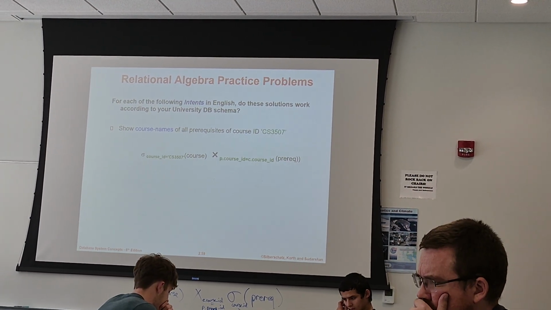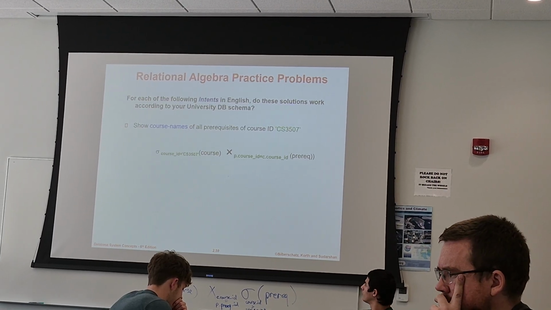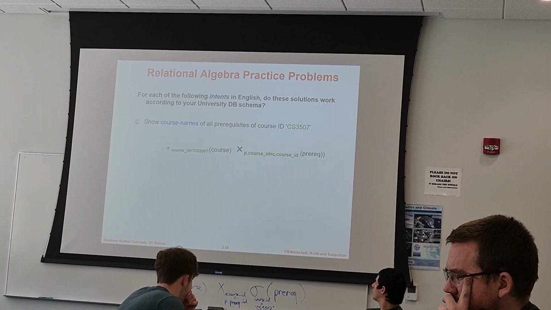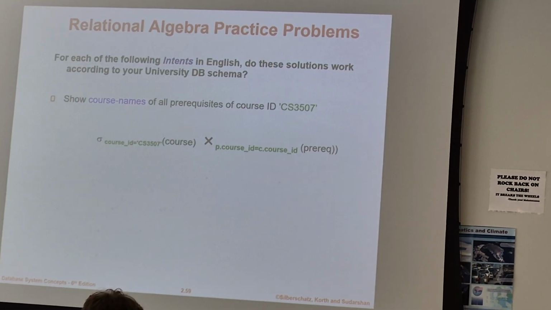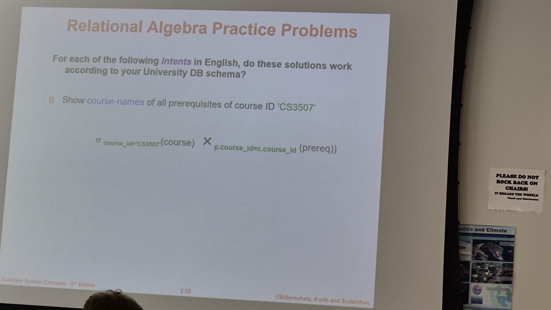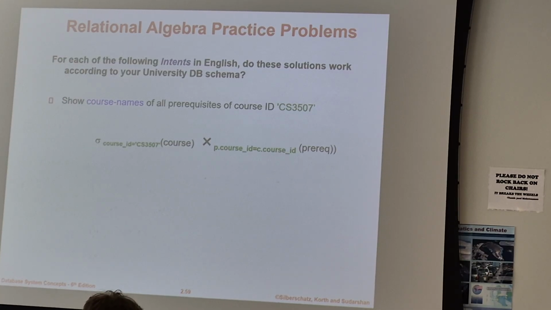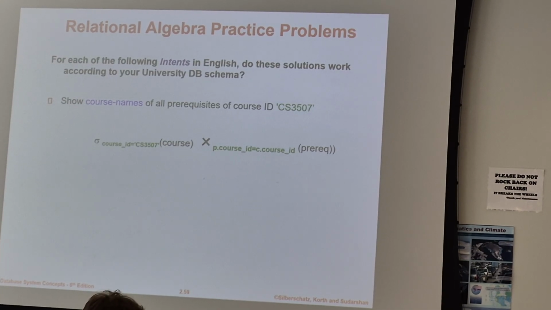Right? And that's not going to give me the course names of the prereqs because right now I have details for CS3507 repeated 3 times. The picture that I drew out on the board before.